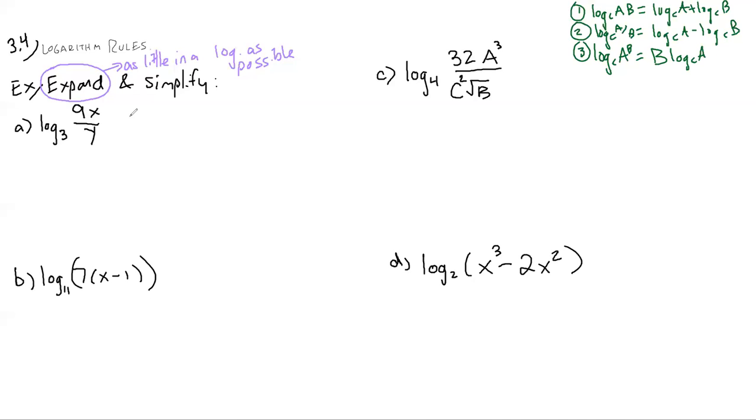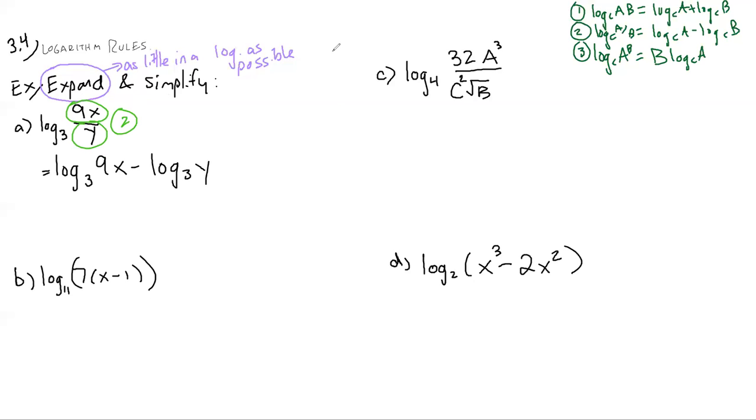So for the first one, what you hopefully can see there is that there's a big division taking place. So I'm going to use that to apply rule number 2. And so what I'll get is log base 3 of 9x minus log base 3 of y.